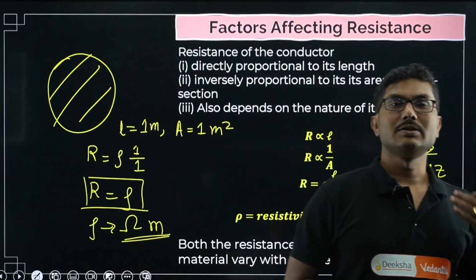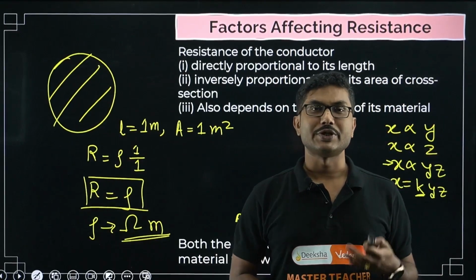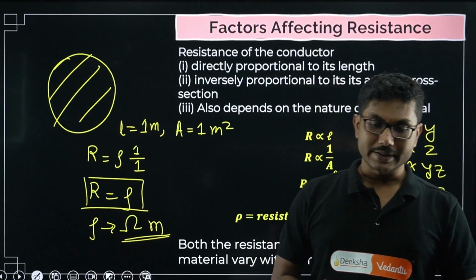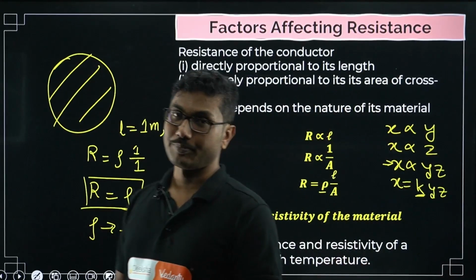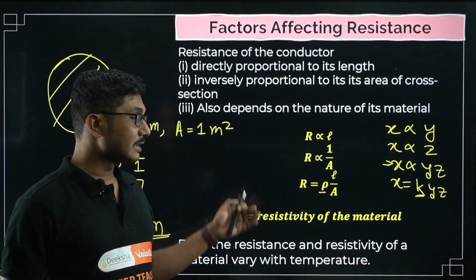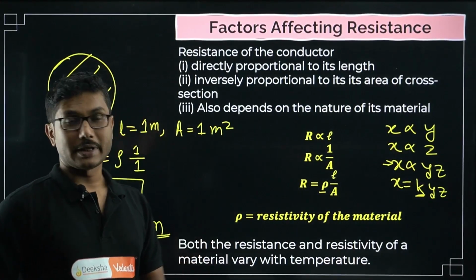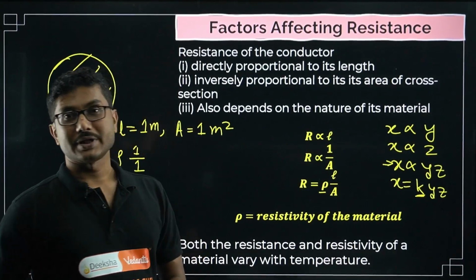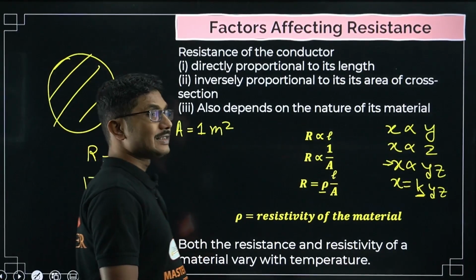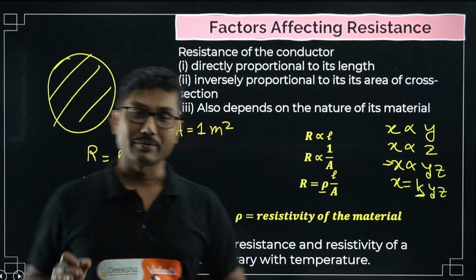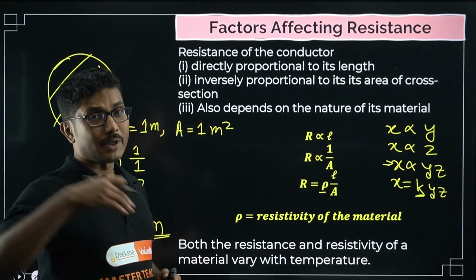But resistivity is not the same if you change the temperature. So that was the first condition of Ohm's law. Remember, if temperature and other physical conditions remain the same. As you increase the temperature, resistivity generally increases and resistance also increases. There are a few exceptions as well, but we are not going to discuss that right now, maybe in some other video.